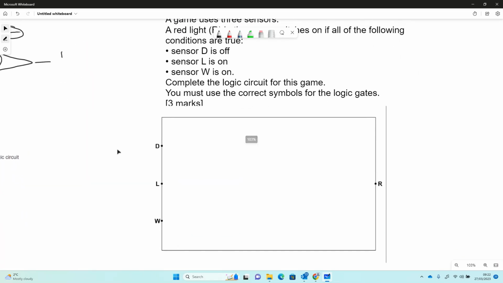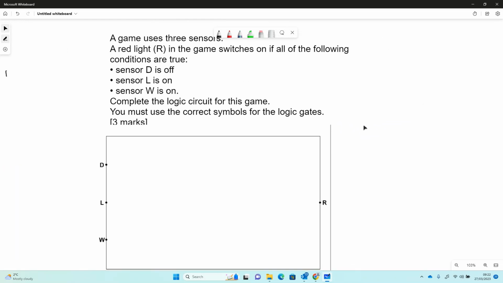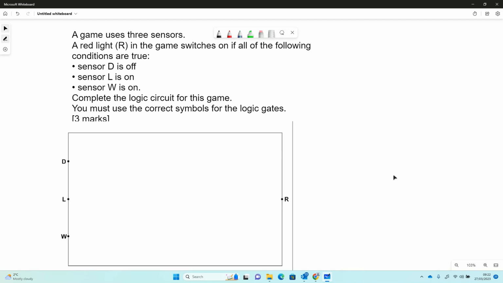So then we've got a game sensor. A game uses 3 sensors. A red light at the end, R, switches on if all the following conditions are true. So if D is off, that's going to give us a clue first of all. If D is off, we need to deal with that as an idea first of all.